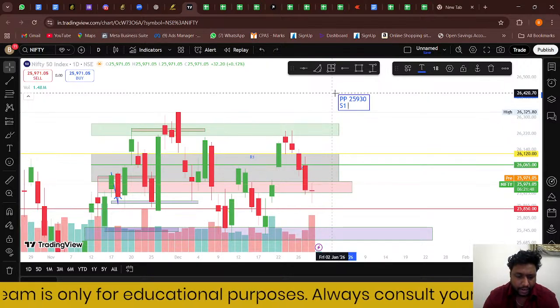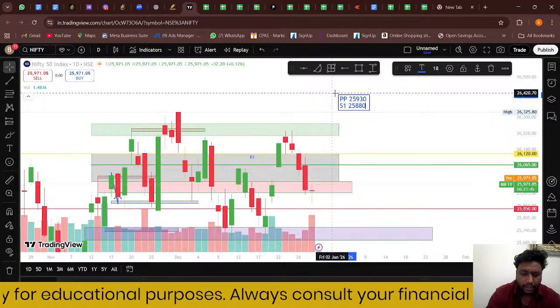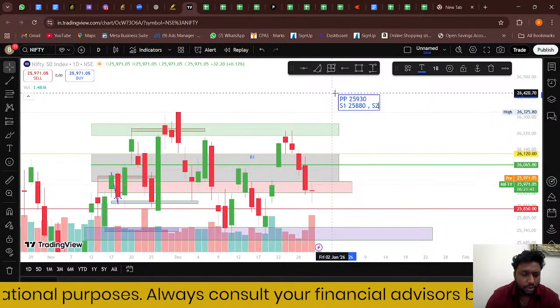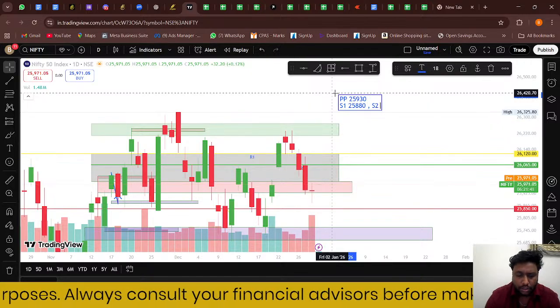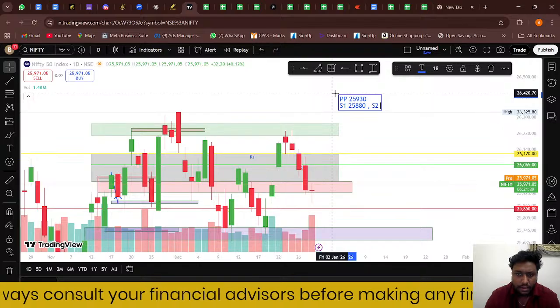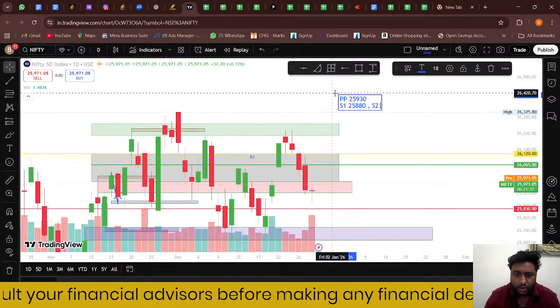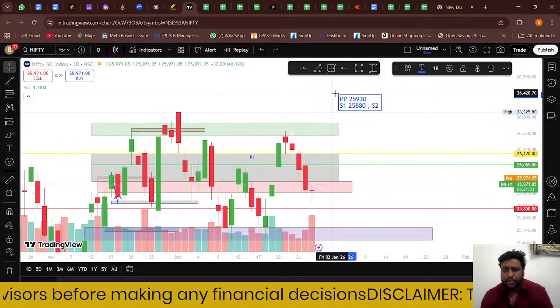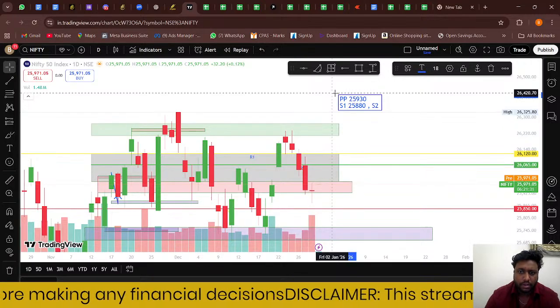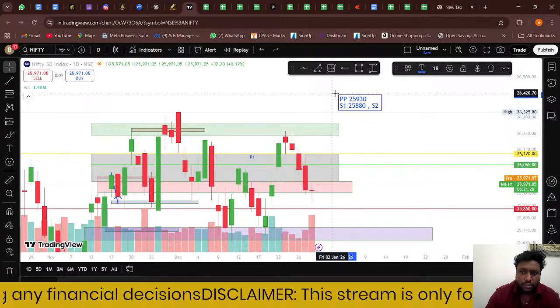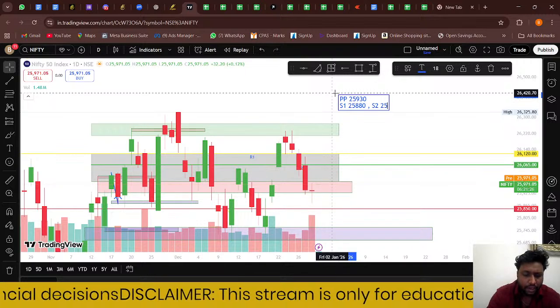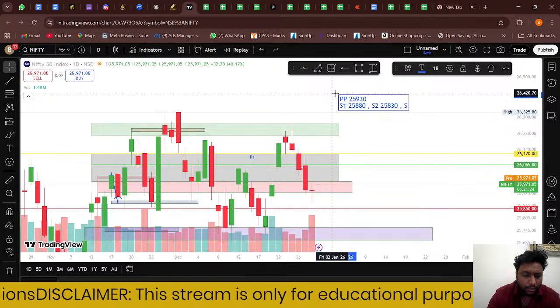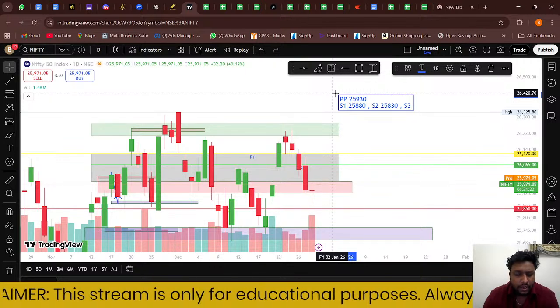We will mark it as 880 only, 25,880, and support 2 at 25,830. The ranges are pretty close because we had an indecision, a doji candle, yesterday, so the ranges will be pretty close for today. So support 2 is at 25,830, and support 3 is at 25,780.